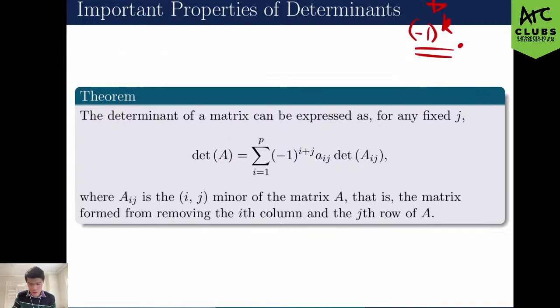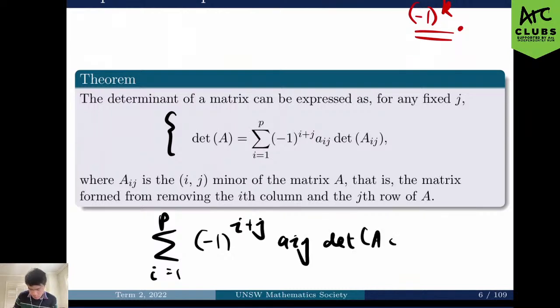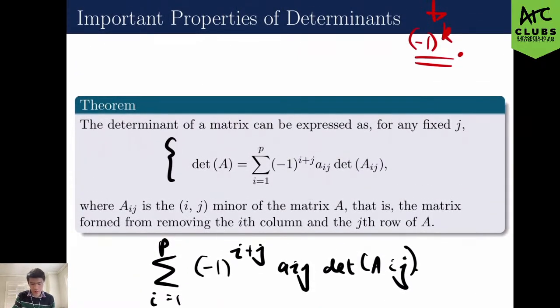And this is just a property that you would have known from first year. So the determinant of a matrix can be expressed in this form. So the sum from 1 to p of this thing. I won't go through this too much because it doesn't come up that much.